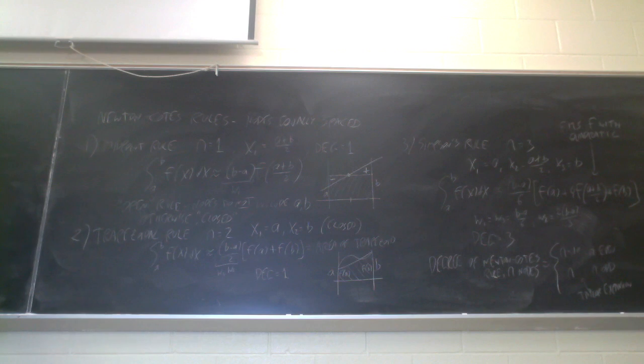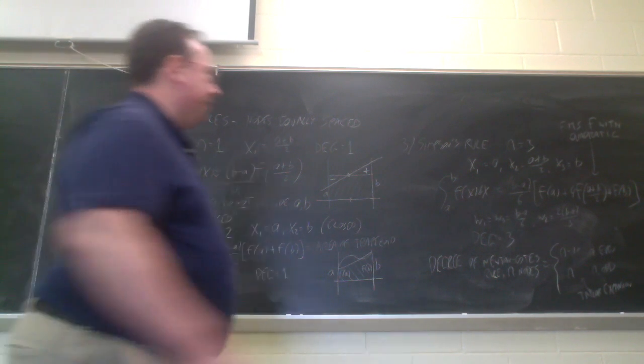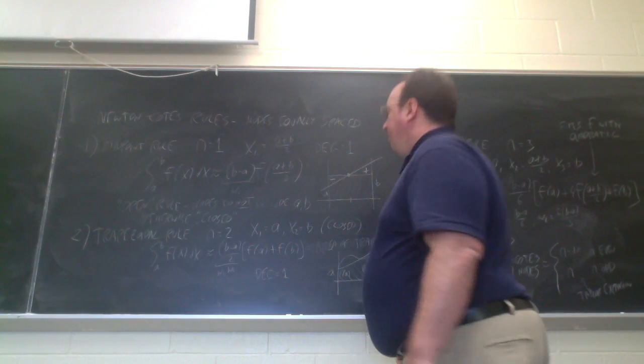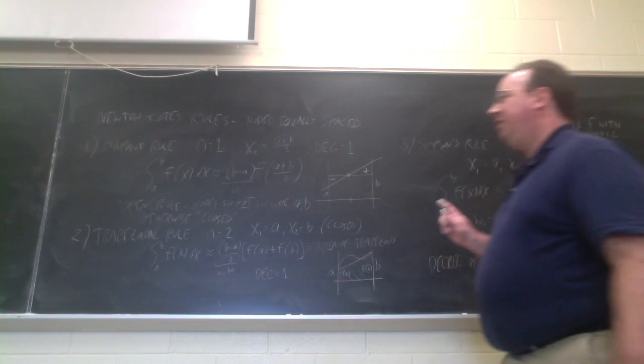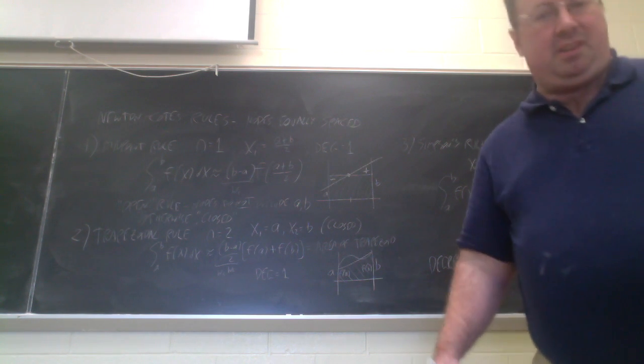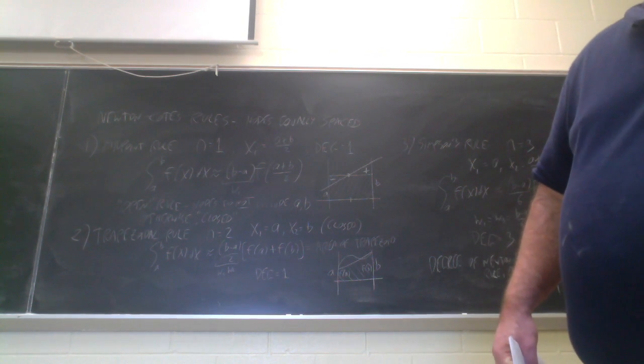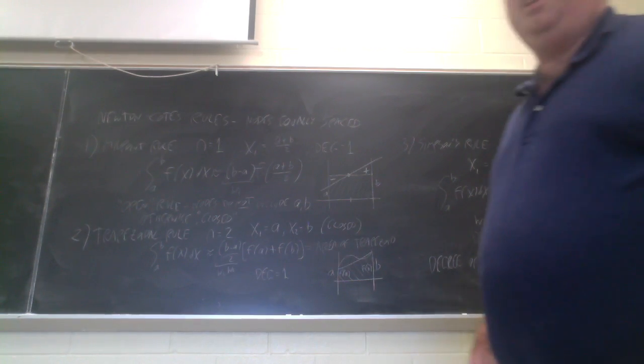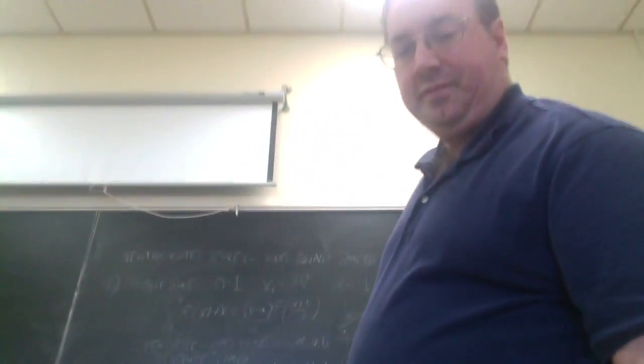There's no convenient formula, just because these weights are the integrals of Lagrange polynomials, which get a bit more unwieldy to compute. So something that you could compute numerically. Okay. All right.